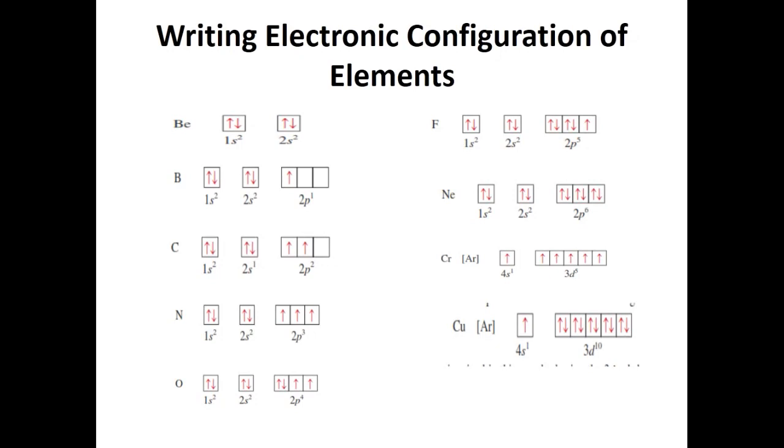Unaangalia noble gas iliyo karibu, ndio maana hapa amecondense kupitia nini? Kwa kutumia argon. Ina maana akitumia argon, hapa ni 18. Kwenye 24 zimebakia ngapi? Zimebakia 6. Lakini kiuhalisia ilikuwa inafaa tuanze hapa itakuwa ni 4s2 halafu ndio tuendelee.